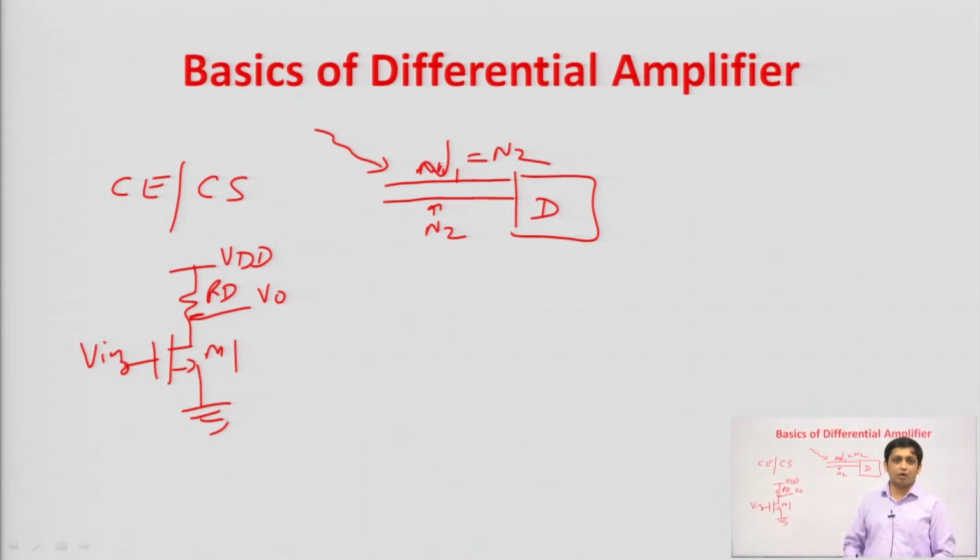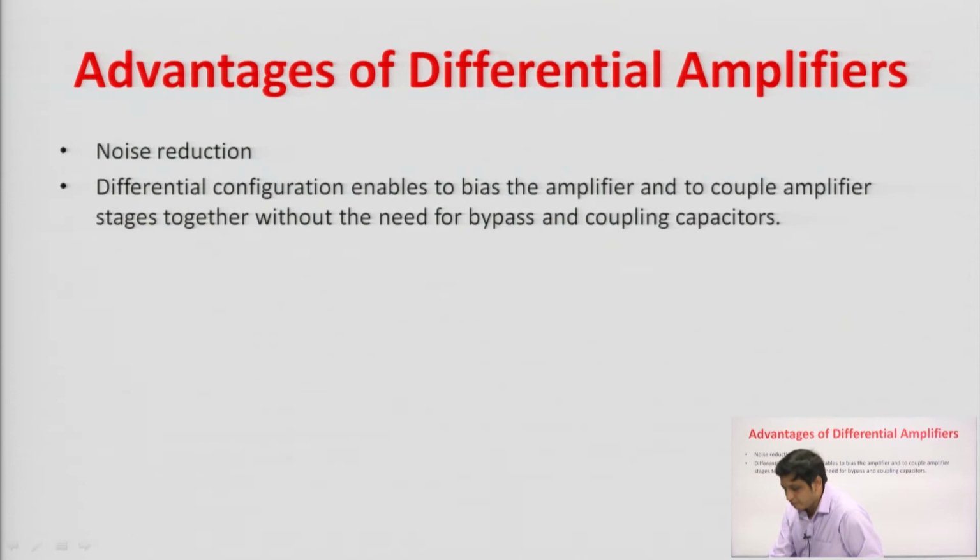It will not allow that noise signal to propagate to the further stages, because in op-amp design, in multi-stage amplifiers, there are many stages connected in cascade, right. We do not want any noise to propagate further, fine. So, the first stage is always a differential amplifier for any multi-stage amplifier, just to reduce the effect of noise. That is the first advantage of differential amplifier, that is noise reduction.